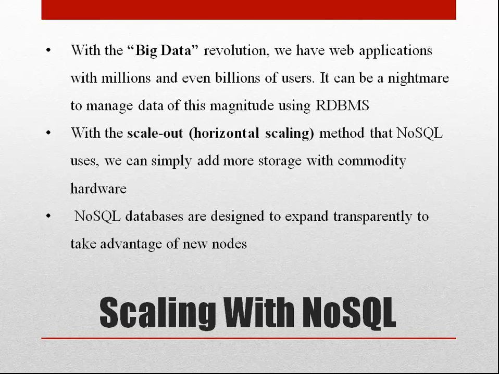One of the reasons, if not the main reason, that NoSQL databases were created was because they're designed to expand transparently with low-cost commodity hardware. They do something called scale out, or horizontal scaling, while relational databases scale up, or vertically scale. Scale out means if you're running out of storage, or you have a hardware issue, you can just add on another node, another cheap server with commodity hardware, to make your database bigger and more powerful.